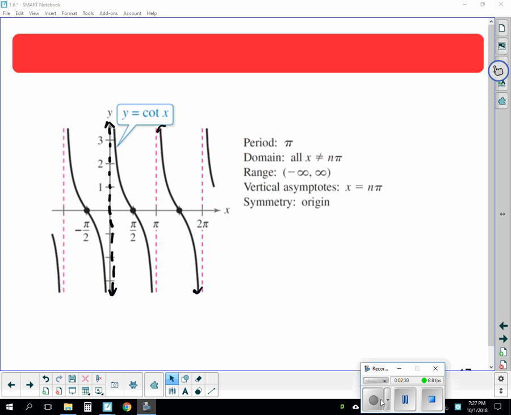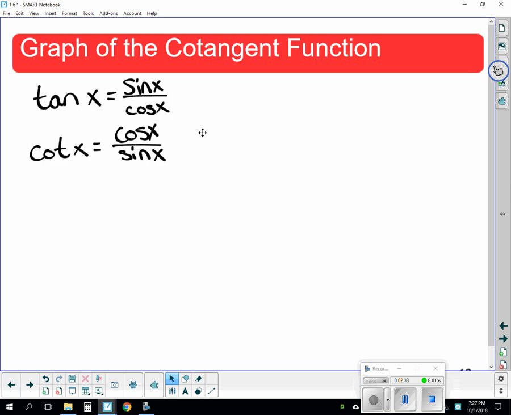We're going to go about graphing it in a very similar way to how we did the tangent. Remember that when we graph tangent, in order to find our vertical asymptotes, we solve the equation bx minus c equals plus or minus pi over 2 to find two consecutive vertical asymptotes.